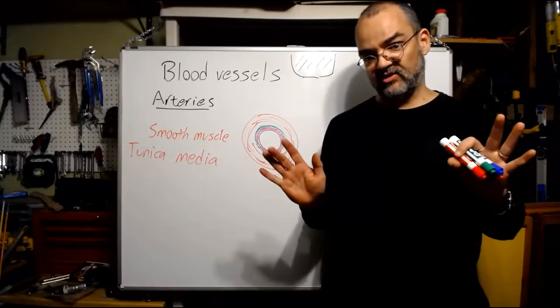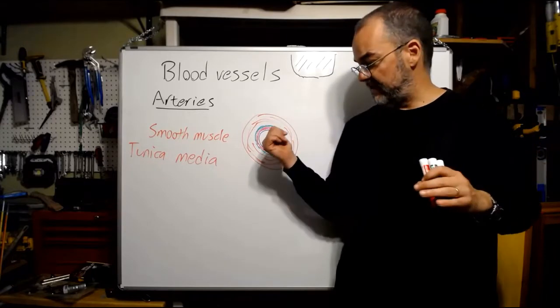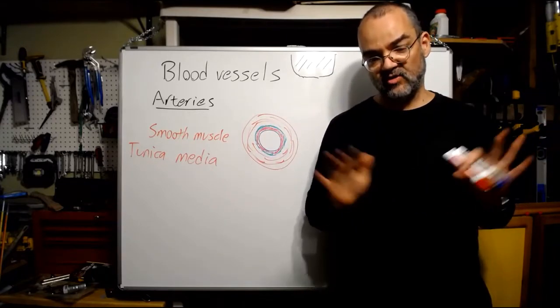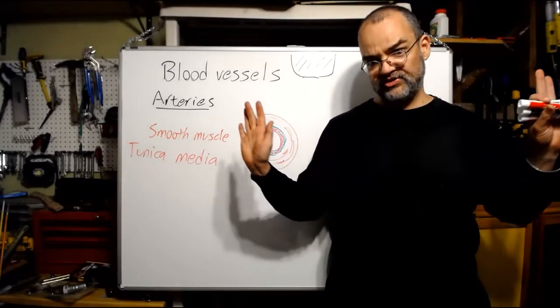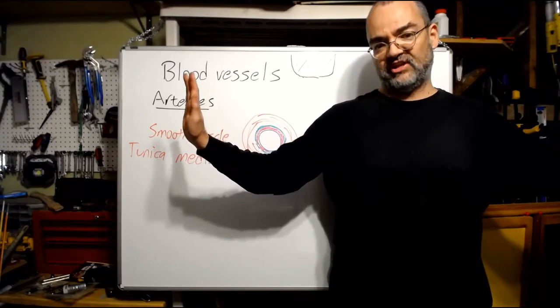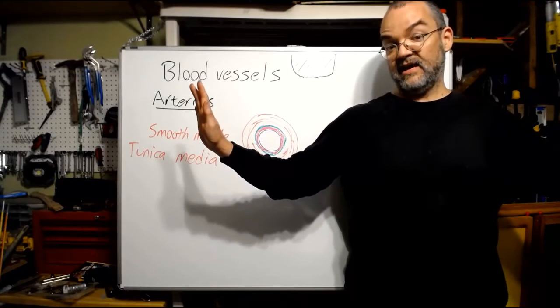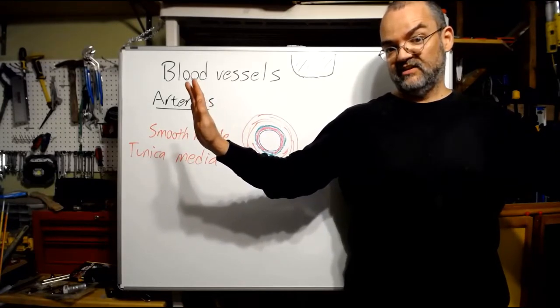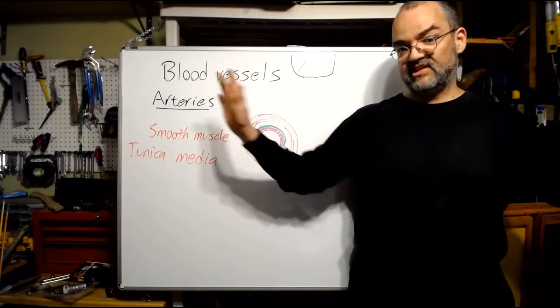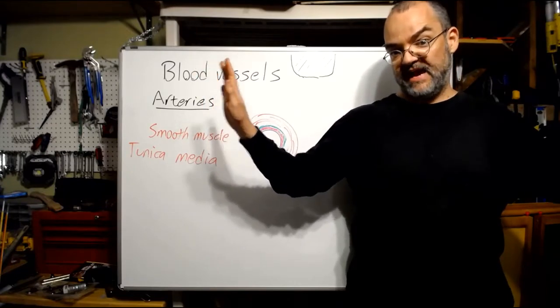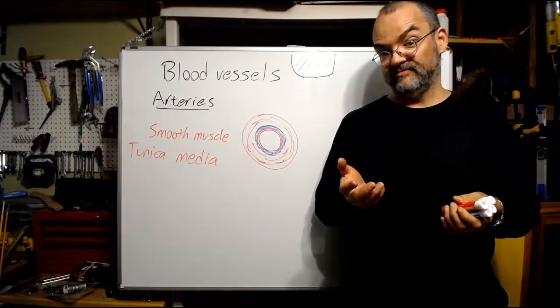During ventricular systole, when the ventricles are pushing high-pressure blood into this artery, that high pressure pushes out the walls of the artery, stretching them, stretching all that elastic and smooth muscle. And then, when the ventricle relaxes, that elastic tissue and smooth muscle springs back, what we call arterial recoil.